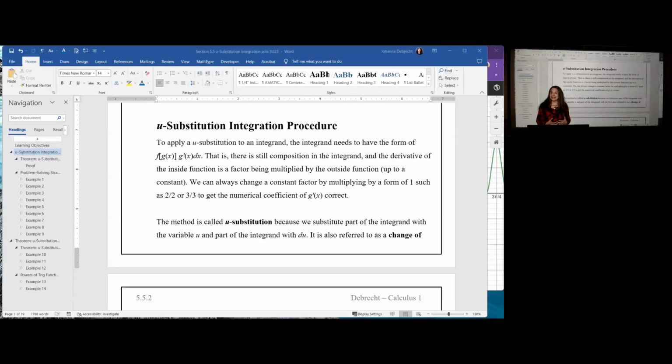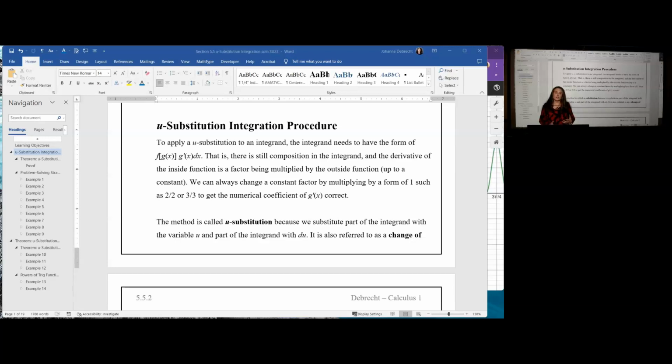Now, we may not get exactly g prime of x, but we need to have it up to a constant. If we don't have the constant, we can deal with that by multiplying by a form of 1 that gives us the correct constant, or by simply solving for the differential, and the constant will work its way through.